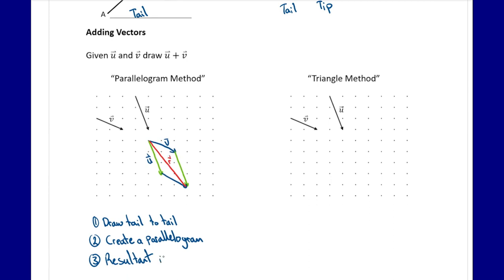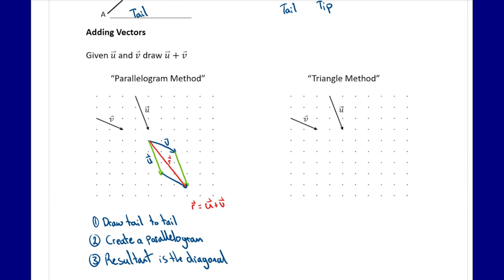So the resultant is the diagonal. If I add vector u plus vector v, this resultant is the sum of them. So R is equal to u plus v.